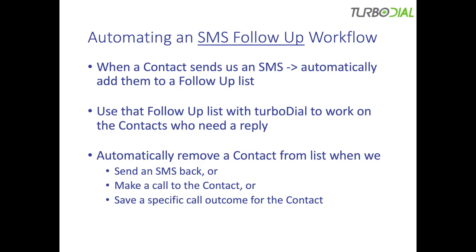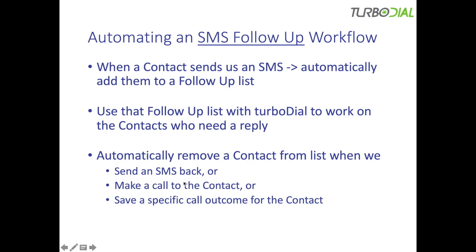So we're going to use that follow-up list. Once contacts get added to it automatically, we will use that follow-up list with turboDial to work on those contacts that need a reply. And then we want to automatically remove a contact from the list when we have done one of these things.